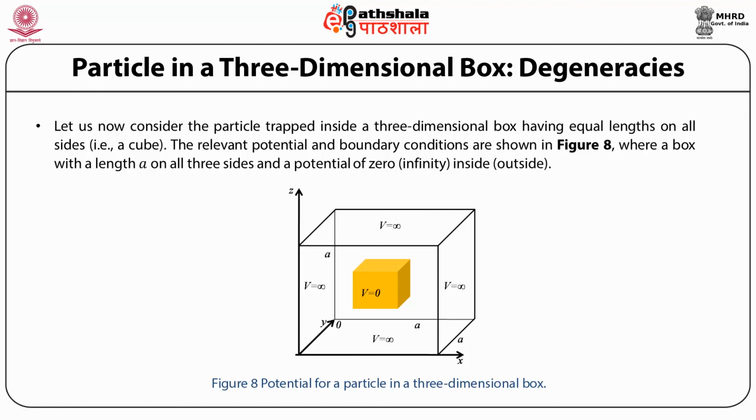The relevant potential and boundary conditions are shown in this figure, where a box with length a on all three sides has a potential of 0 inside and infinity outside. The boundary conditions are systematically shown in this figure.